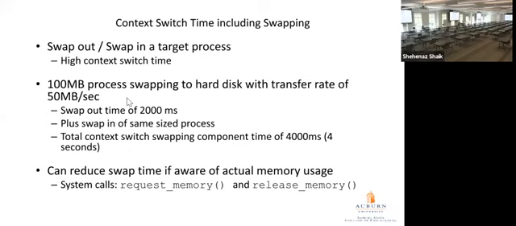So if there is a way for us to know exactly what part of the physical address space is actually being utilized by the process, then we should be able to swap in or swap out only those memory locations which are actually being utilized.